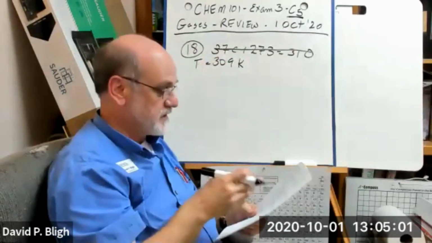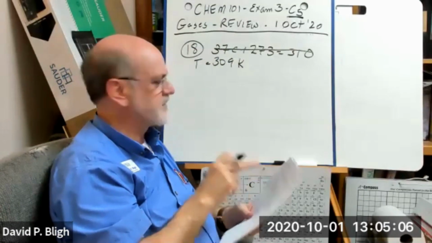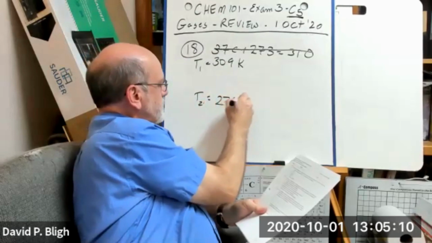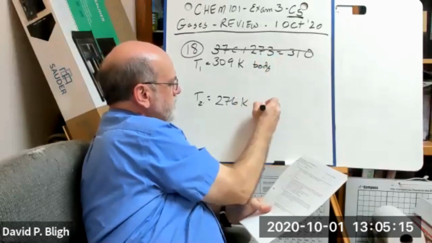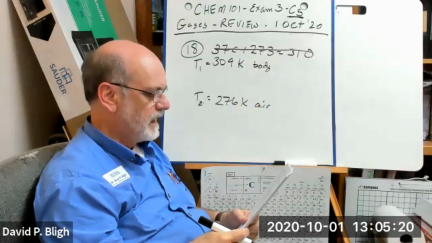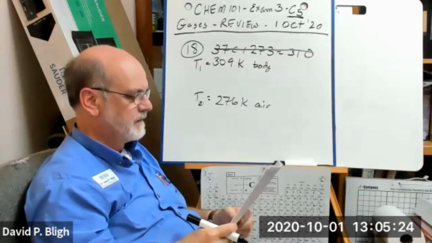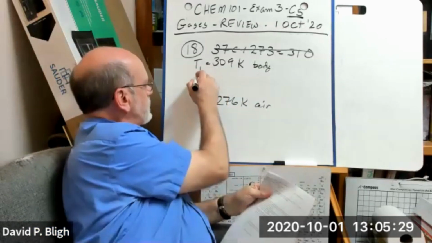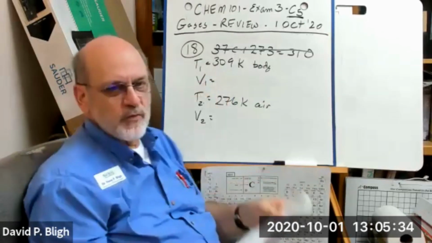One of the temperatures, because it looks like there's another one in here. On a cold day, what volume of air at 276 K? So this is the body temperature, and this is the air temperature. Must a person with a lung capacity of 2.2 liters breathe in to fill the lungs? So where does this one belong? If we've got volume, where does 2.2 liters belong?